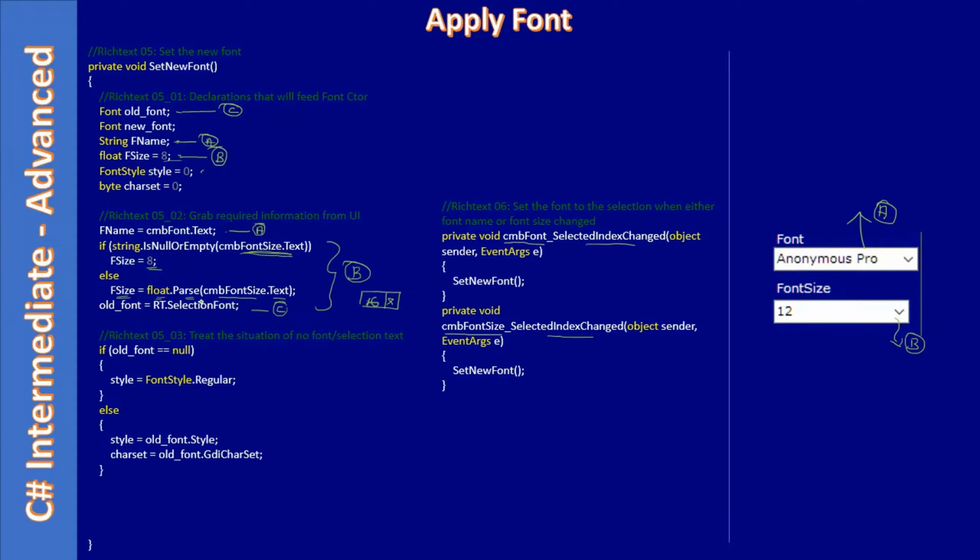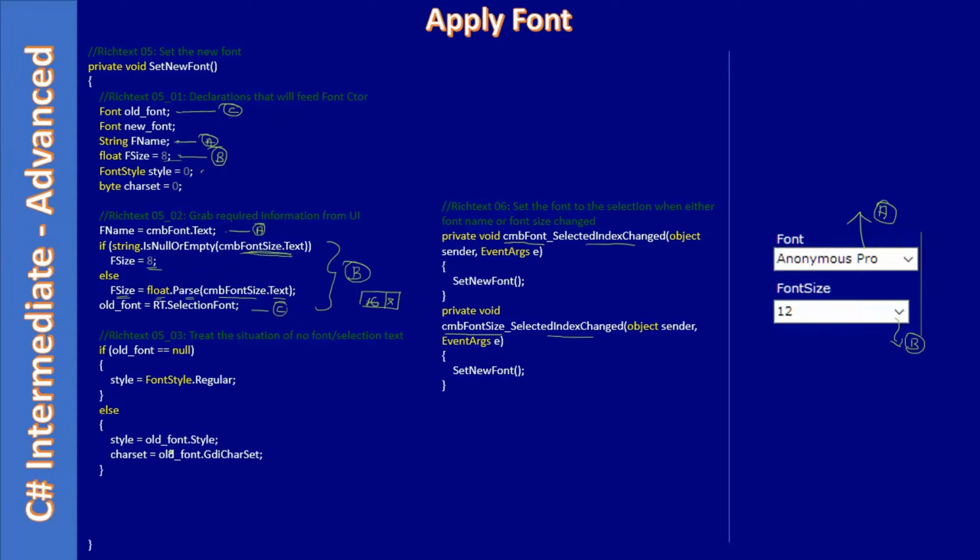Next, if you see, we are checking old font equal to null. Most probably this will not be null. Just for a safe purpose, we kept if old font is null, we store font style as regular. But definitely the form will have a font, and this will give an old font.